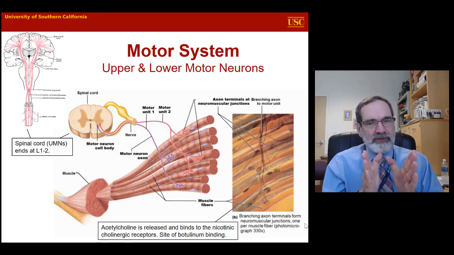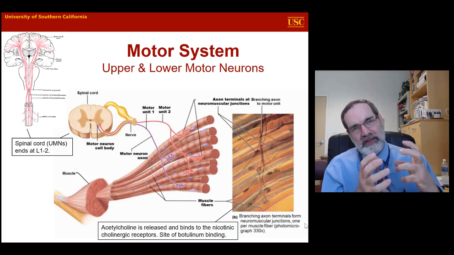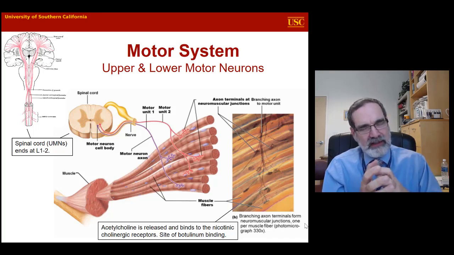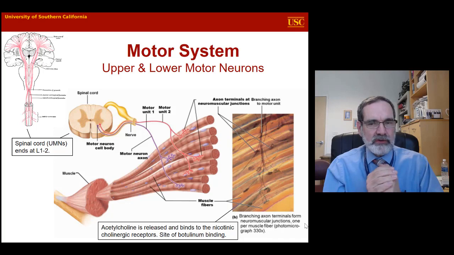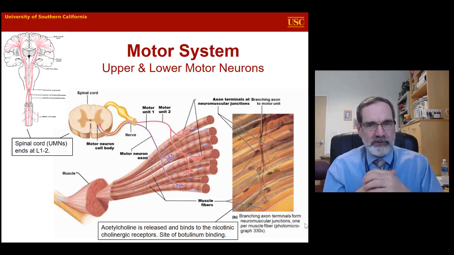And like other synapses, the first part of the synapse, in this case the nerve, is releasing chemicals across that synapse that now bind to the muscle side of the synapse. And the main chemical released here is acetylcholine. So acetylcholine is released from the nerve terminals and binds to what are called nicotinic cholinergic receptors on the muscle fiber.